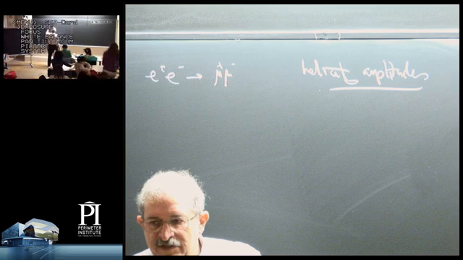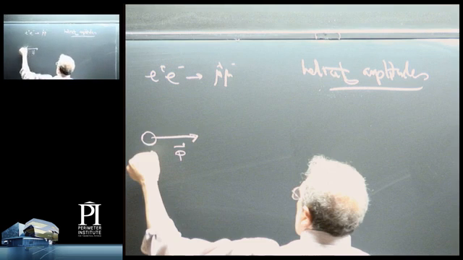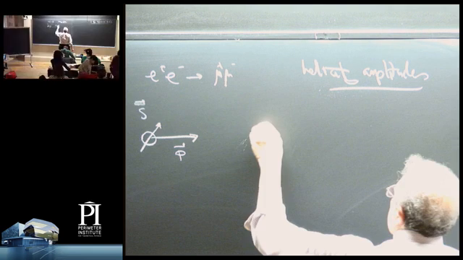Let's say you have a particle that's moving in a certain direction, and it also has a spin. So it has some momentum, and it has a spin attached to it. The helicity is the spin quantized along the direction of the momentum. For a spin-1/2 object, this is really easy.